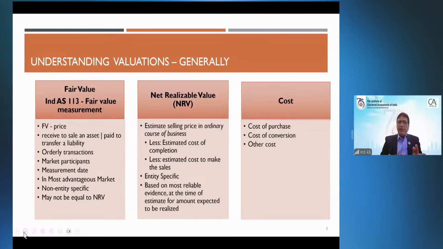Now, this fair value is 100% different from net realizable value, though they have the common feature of being the selling price where I would be able to sell. But in NRV, basically it is NRV in ordinary course of business.